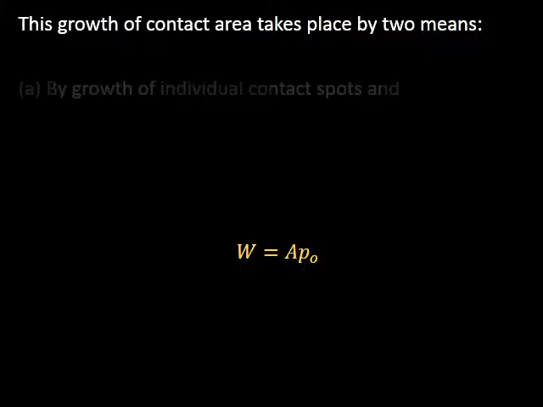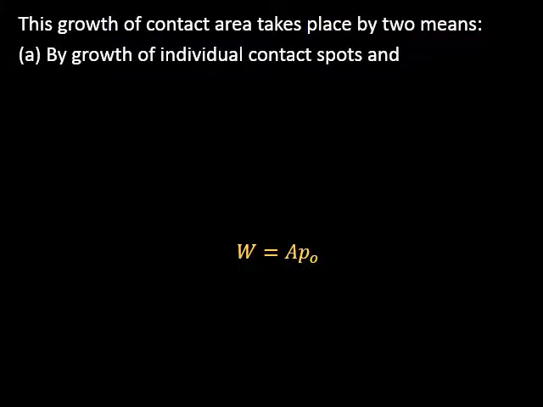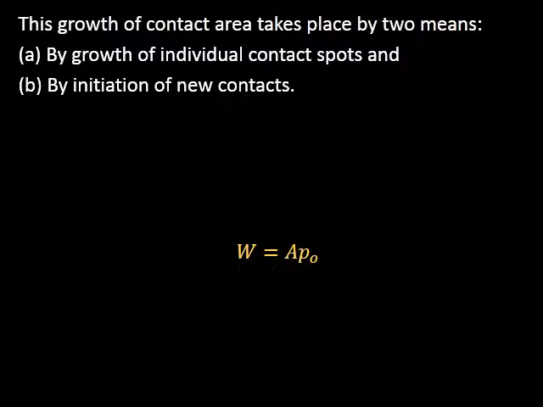Growth in the contact area takes place by two means. One is by growth of the individual contact spots, and the second one is by initiation of new contacts as the asperity gets deformed plastically. Whenever the surfaces are in relative motion with respect to each other, new contacts may be formed.